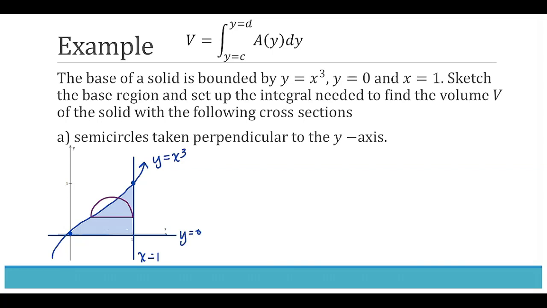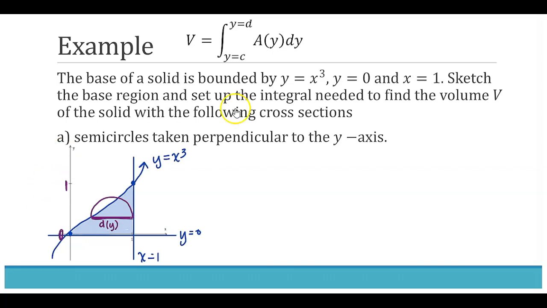And this base of my cross-section is actually the diameter of the semicircle. So I'm going to have to represent the diameter as a function of y because my cross-sections are perpendicular to the y-axis. And this is going to extend from y equals 0 to y equals 1, because remember, my limits of integration now have to be y values.